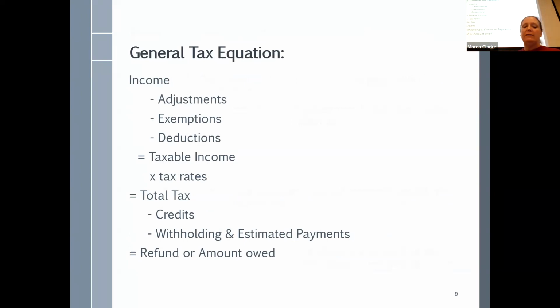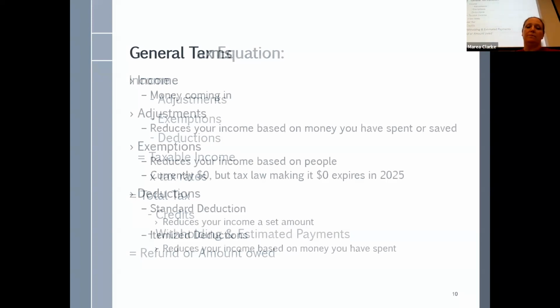We subtract credits, we subtract withholding and estimated payments to find out, is it a good day and you get a refund, or is it a not so good day and you owe money? So let's talk really briefly about what each of those are. I go through these because remember, a lot of our international students and some of our resident students may not know what these terms mean because they may never have filed before. They may have filed under very different circumstances.